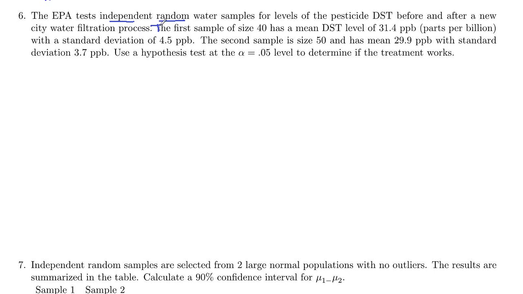The first sample of size 40, so that's saying n1 is equal to 40, had a mean DDT level of 31.4 parts per billion. So that would be x1 bar is 31.4. And a standard deviation of 4.5. So that's going to be s1 is 4.5.